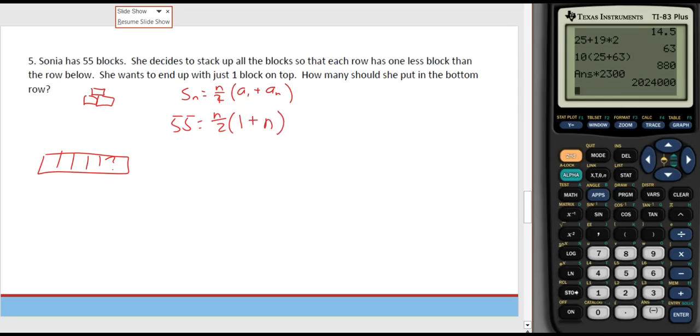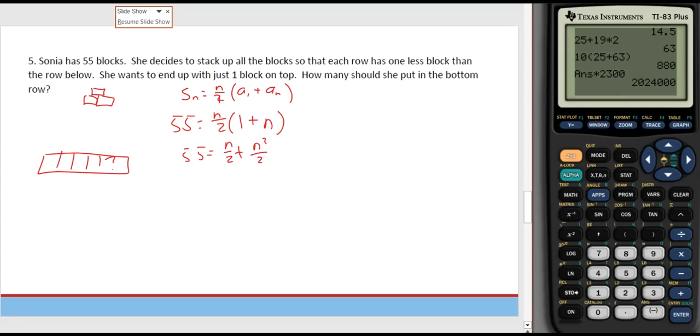I do know that they would be the same. So I could plug this into Desmos if I distributed things out to clean it up. It would help a little bit, right? I could say 55 is equal to n over 2 times n squared over 2. That doesn't really help me.